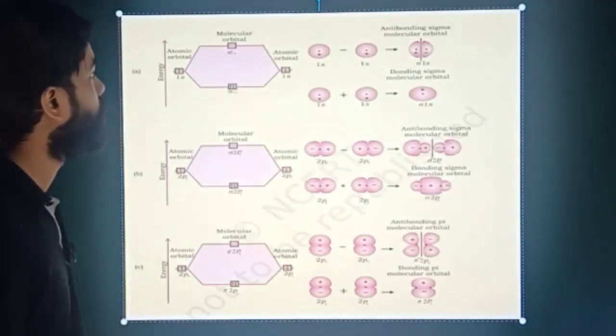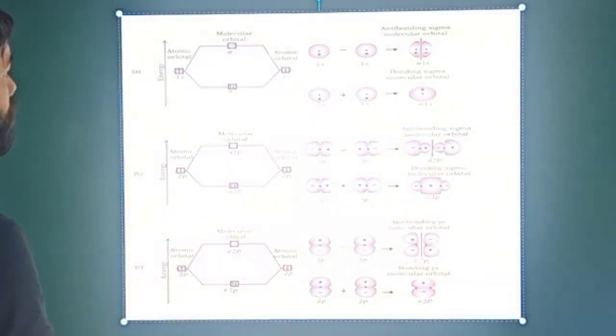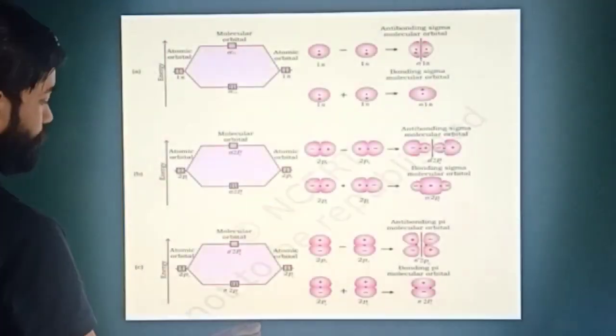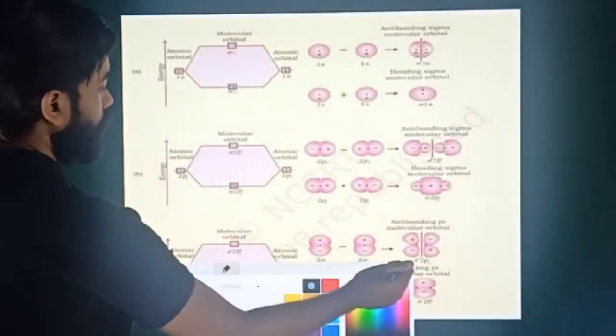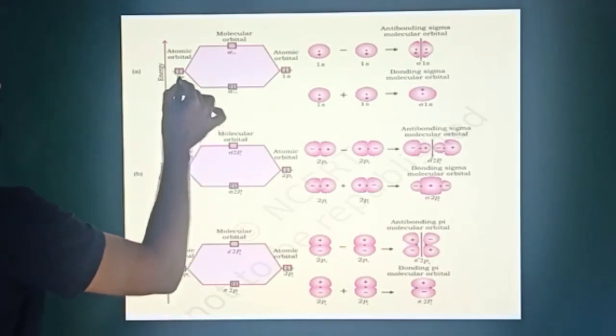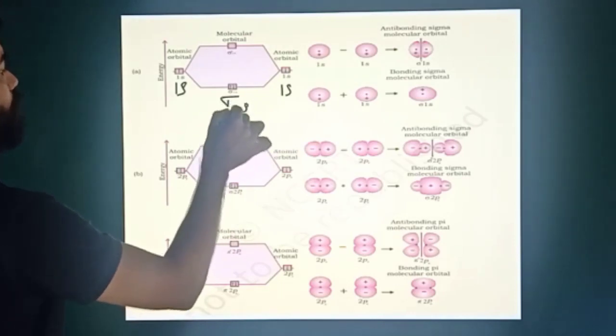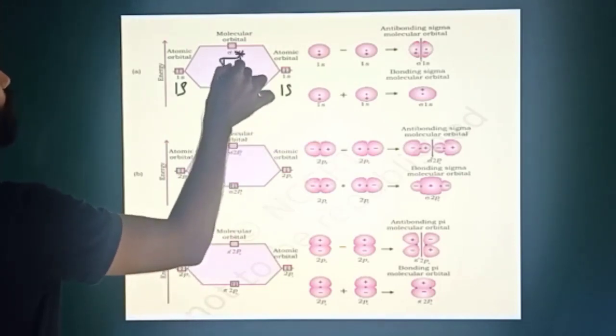Next, the shapes of molecular orbitals. First, the shape of the s orbital. We know that 1s combine to form sigma 1s and sigma star 1s.